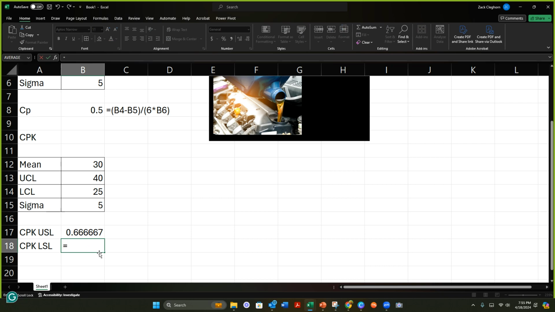Okay. This is going to be the mean minus the LCL. I said USL, LCL right here. Let me fix that real fast. Divided by 3 times the standard deviation or sigma value.